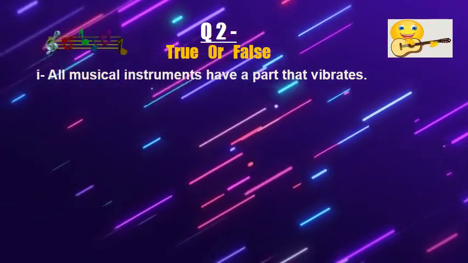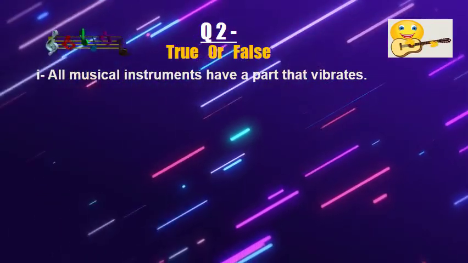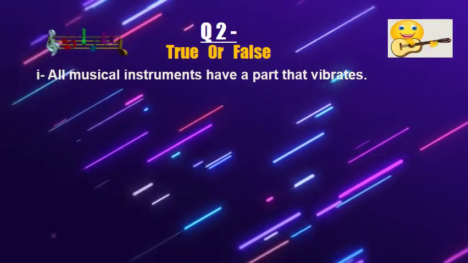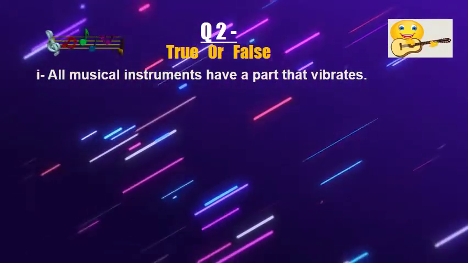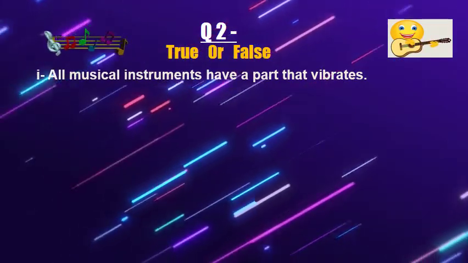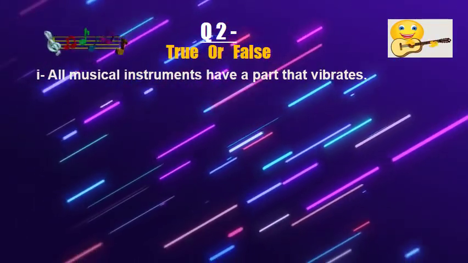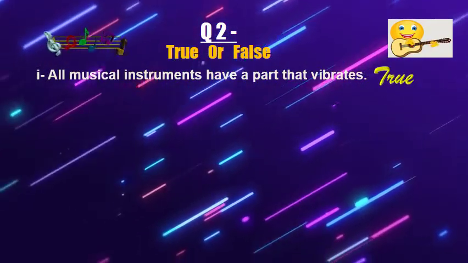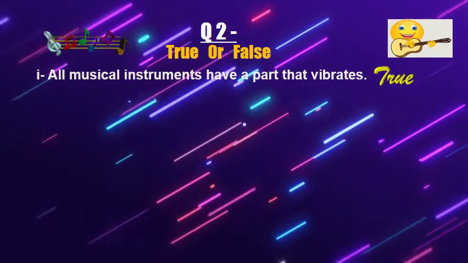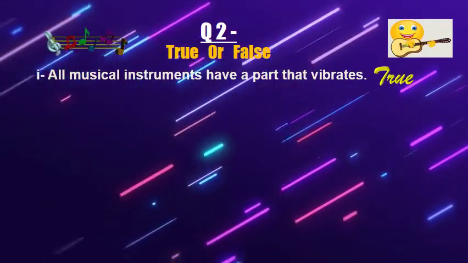Think about it. Yes, sound is produced by vibration. Anything vibrating produces sound. So musical instruments definitely have a part that vibrates. Let's see our answer. Our answer is true. Yes. So let's see what is our next question.